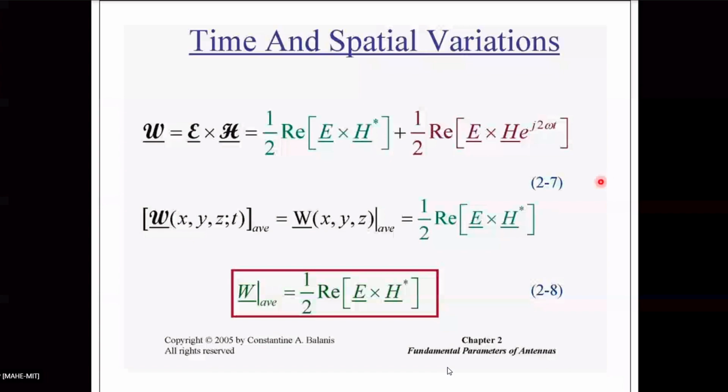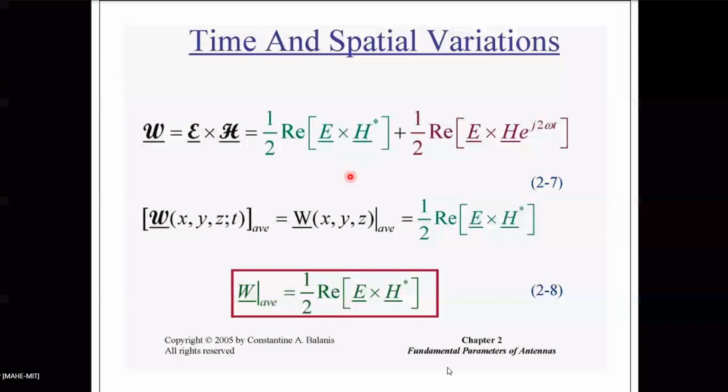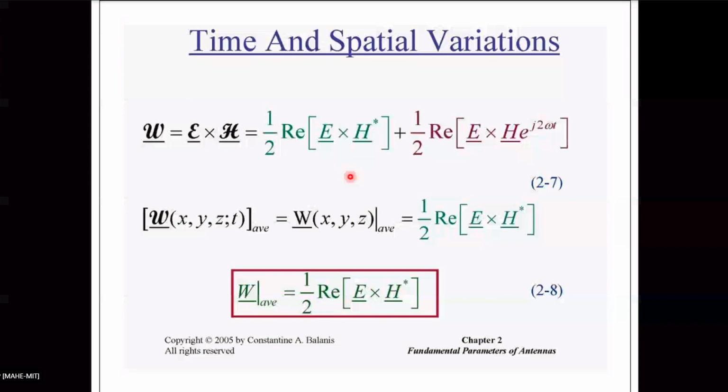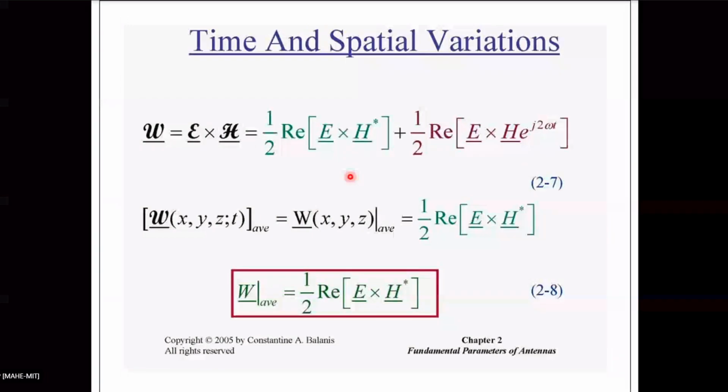Now, how do we get average power density from instantaneous power density? You take the instantaneous power density times dt, integrated from 0 to capital T. Average power density is 1 by T, integration from 0 to T, of instantaneous W times dt.